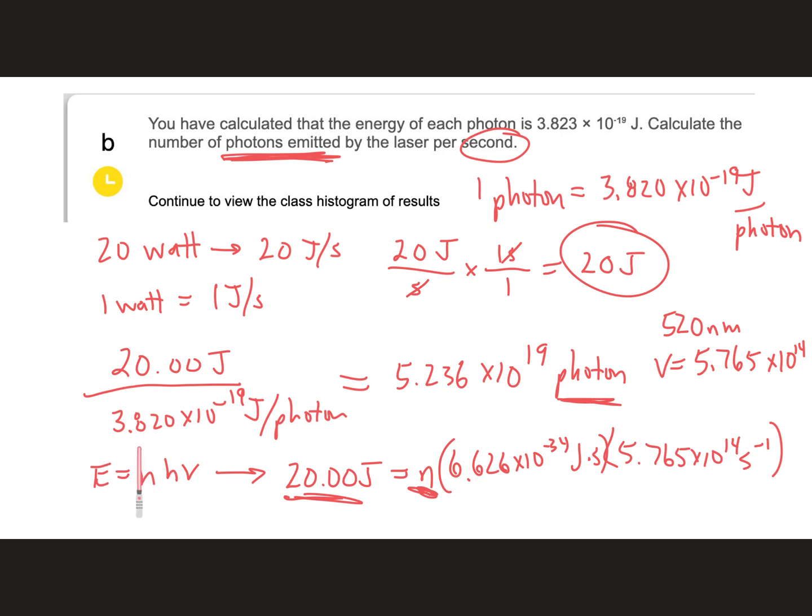It's not exactly what this equation was designed for, but it will still yield the same result, where we interpret N to be the number of photons based on this frequency and the total energy we need. We'll still get 5.236 times 10 to the 19 photons of light.